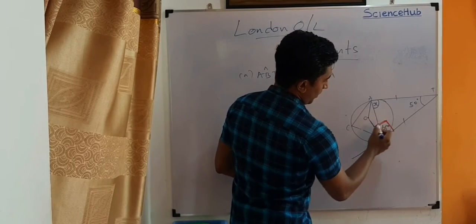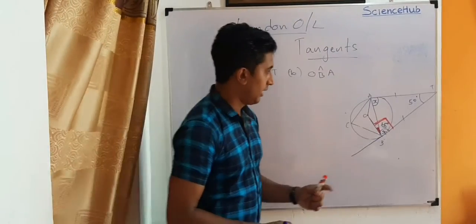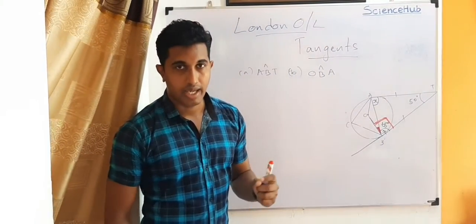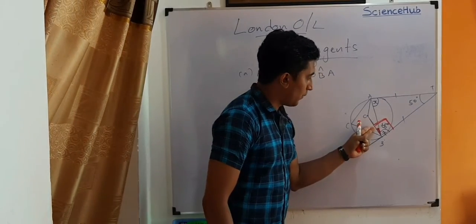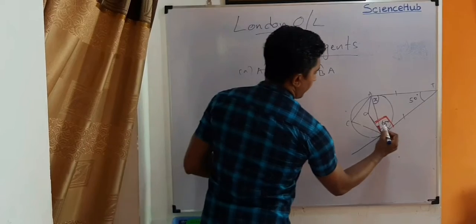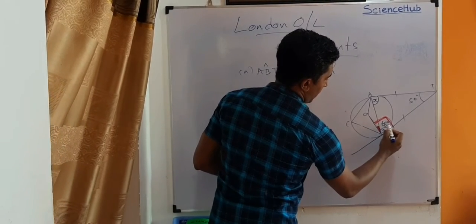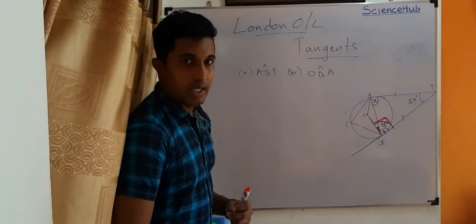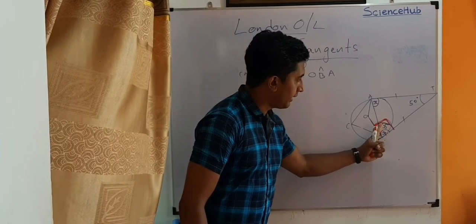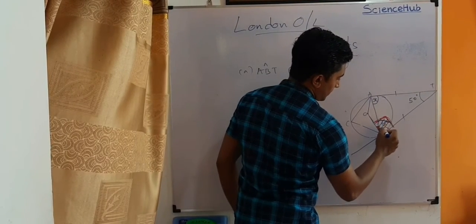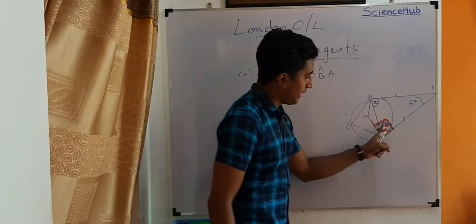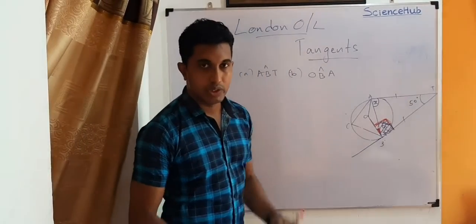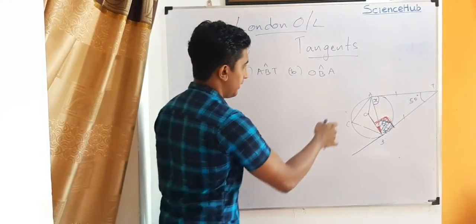If the total is 90 and this part is 65, then we can easily find the value of the OBA angle. This part should be equal to 90 minus 65.